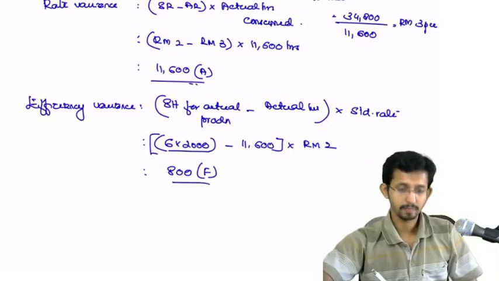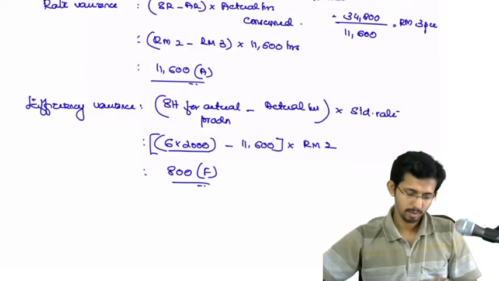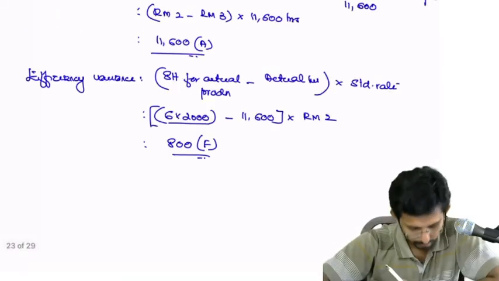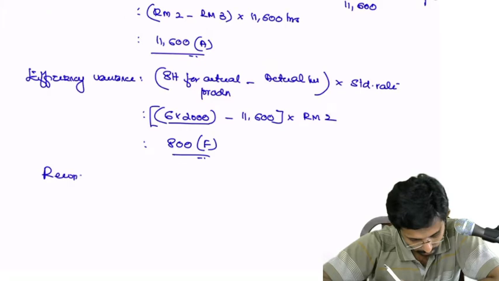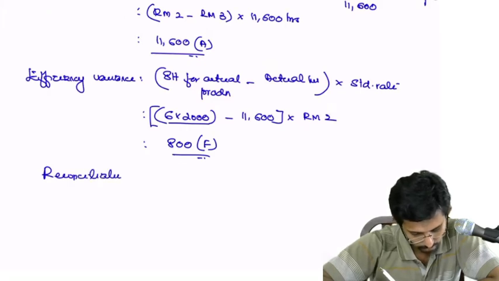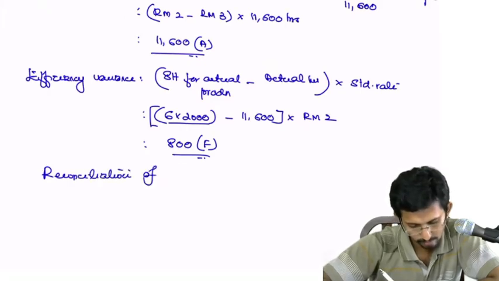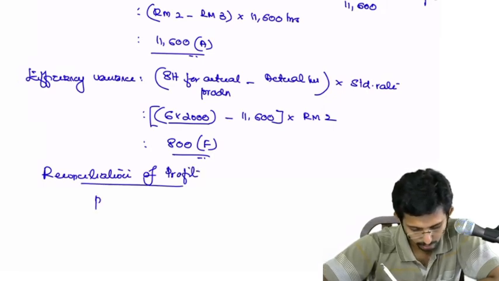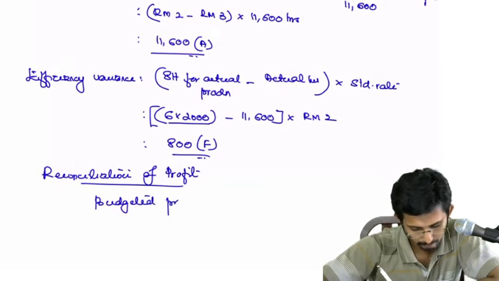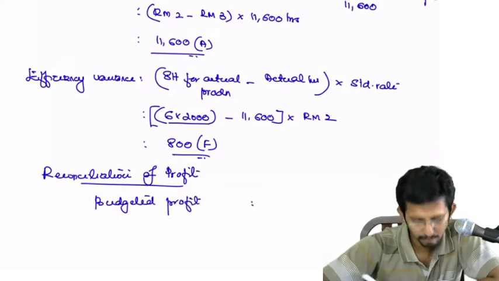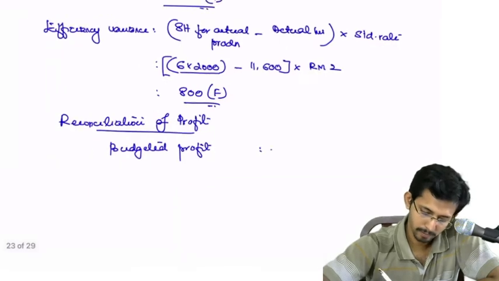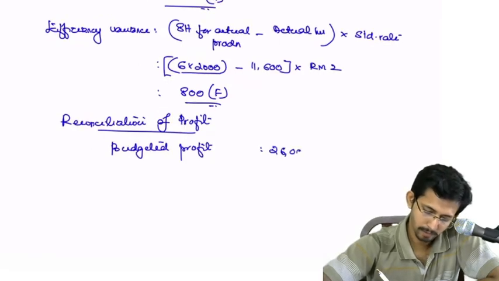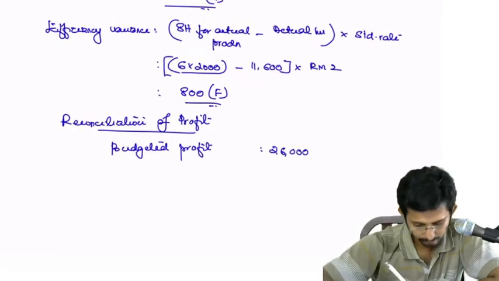Okay, now reconciliation of profit. Budgeted profit $26,000.